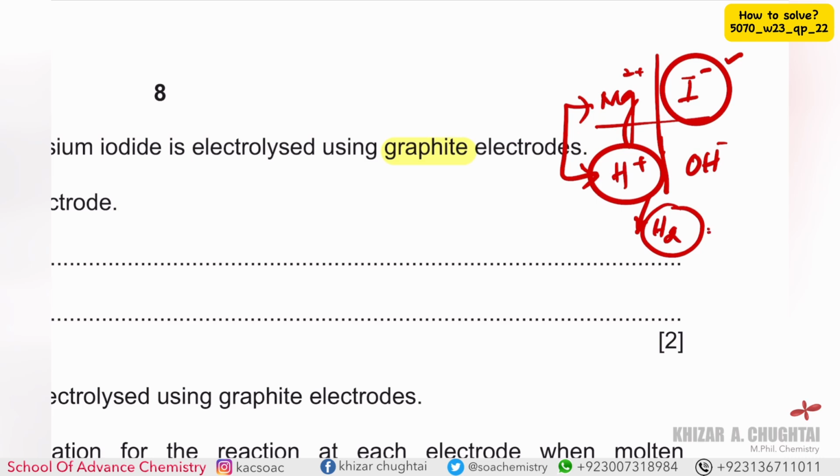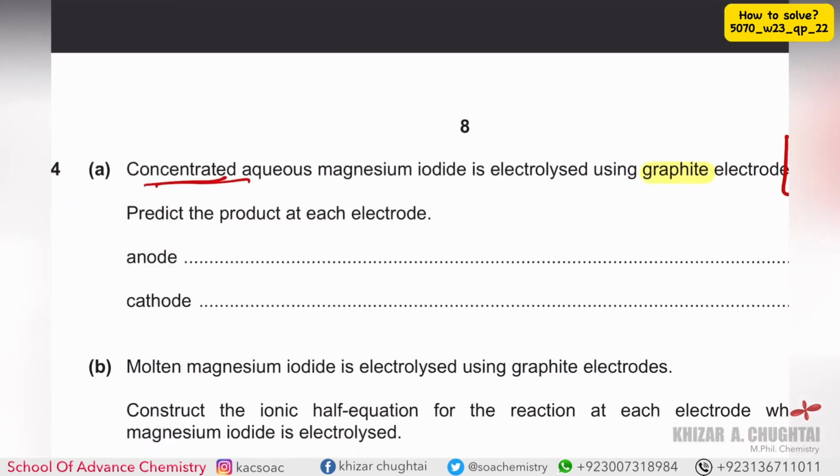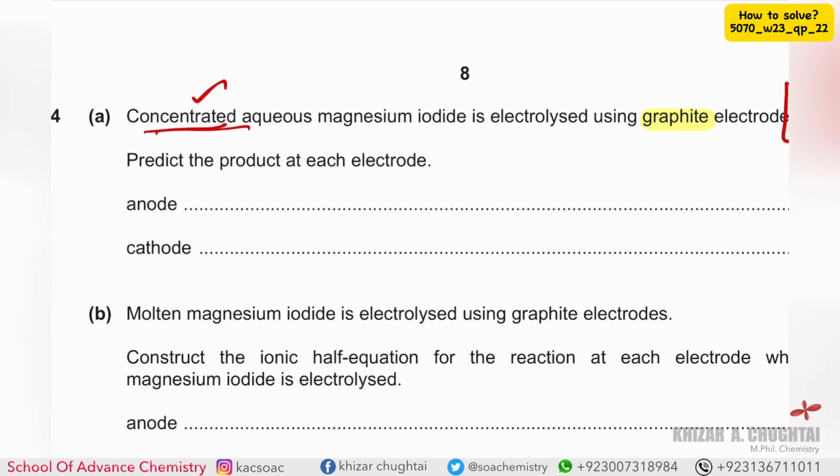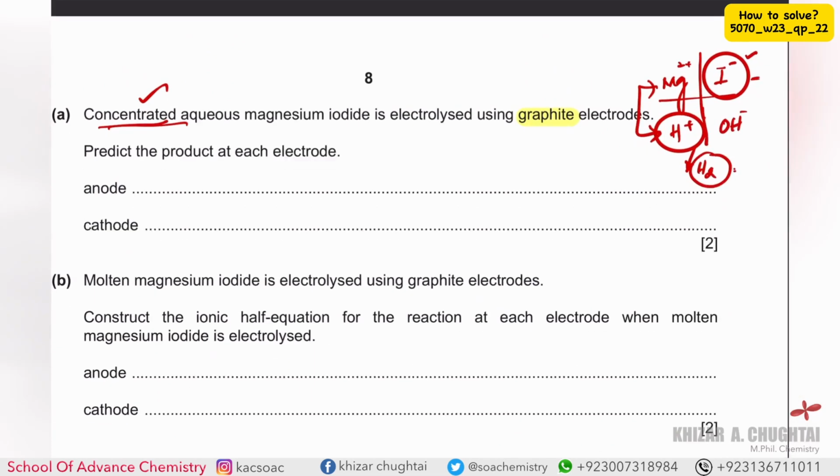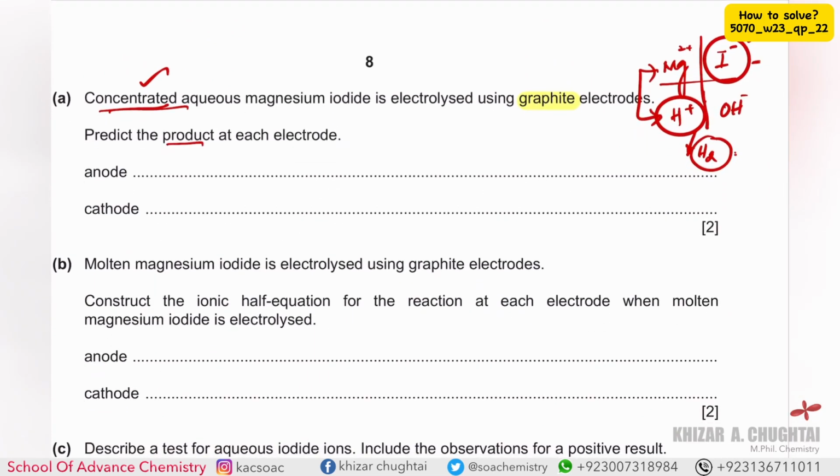And this I negative ion, because it is in more concentration, will move towards the anode. So iodine is supposed to be formed at the anode, and hydrogen gas is supposed to be formed at the cathode.